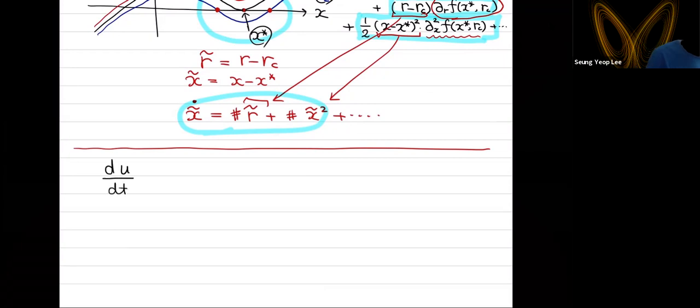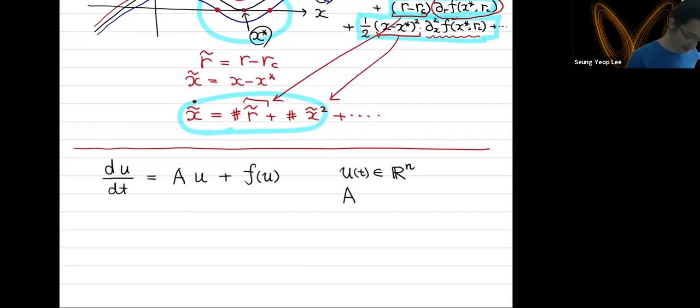in an n-dimensional dynamical system. U is an n-dimensional dynamical system, so U of t is in R^n, and A is an n by n matrix.